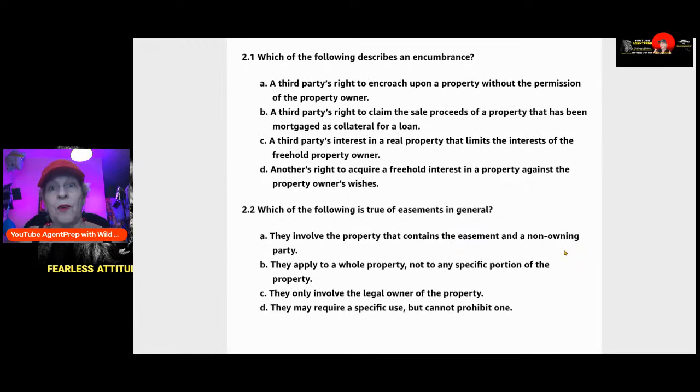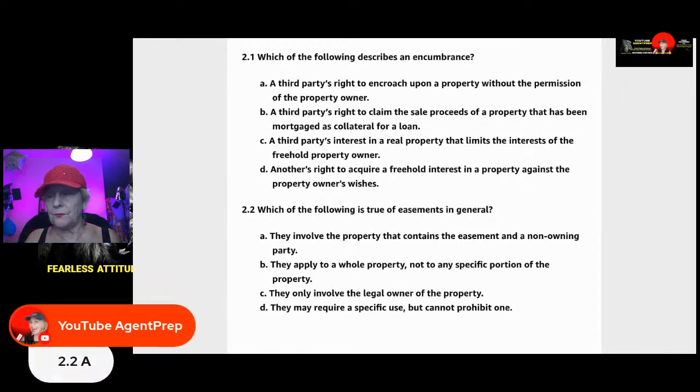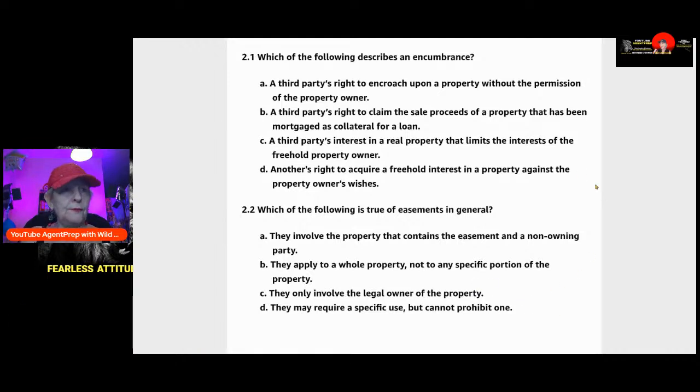They have to provide the easement to the non-owning party, especially when it's recorded and it goes with the land. If it's not recorded, it could die with the owner or the person that the easement was granted to. So that's like easement in gross.